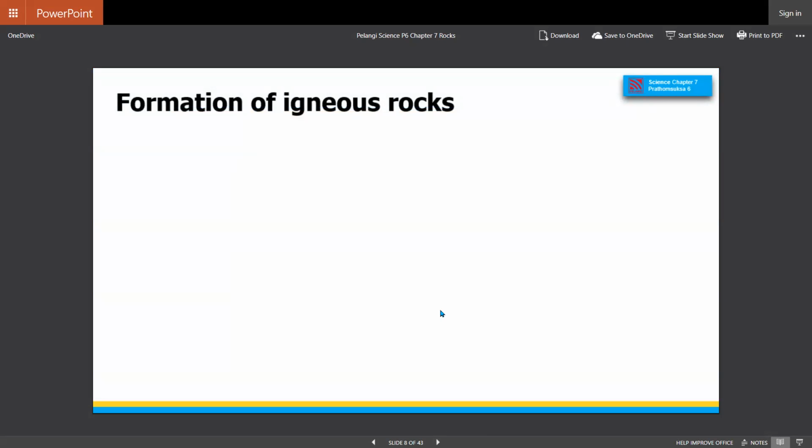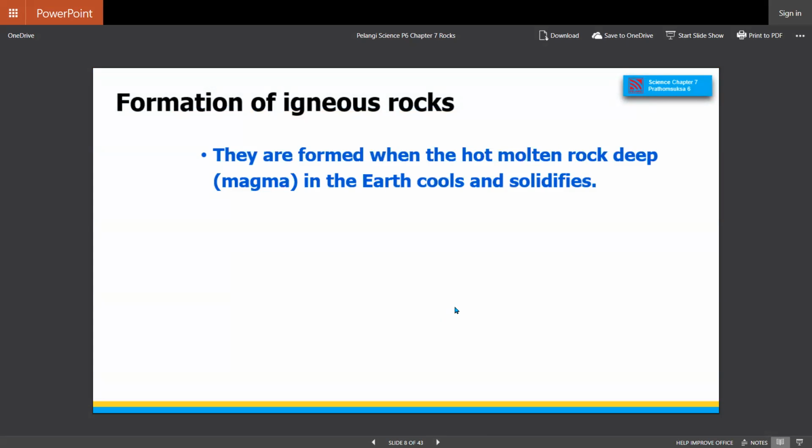Okay, so let's go to the formation of igneous rocks. How are they formed? They are formed when hot molten rocks, that's magma. Remember, magma is hot liquid under the Earth's surface or in the Earth's crust. Okay, so we have magma there. Once the magma starts to move, it is called hot molten.